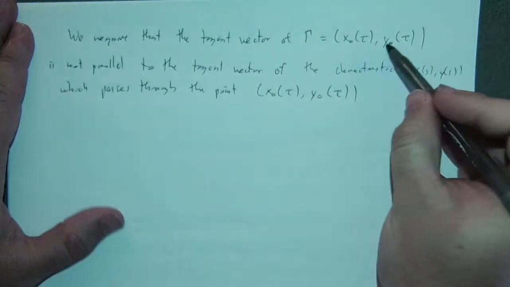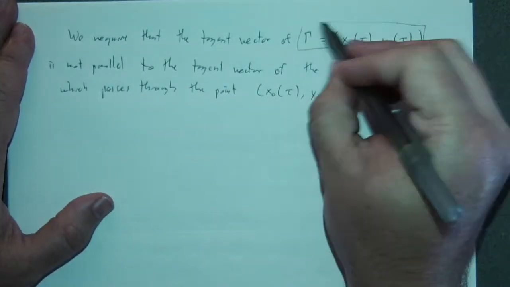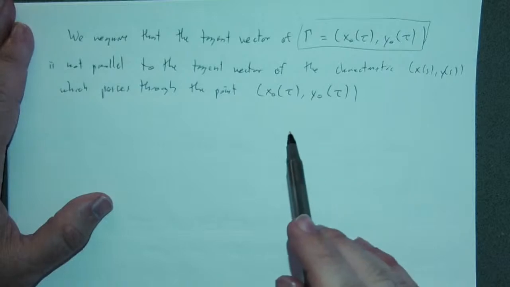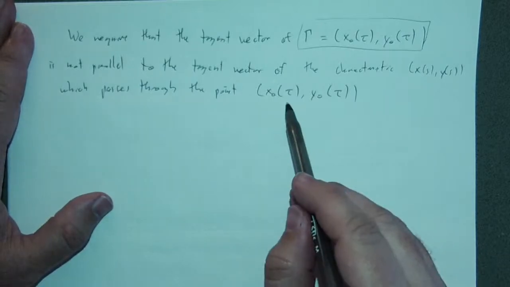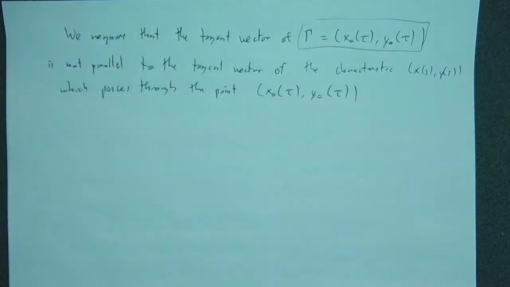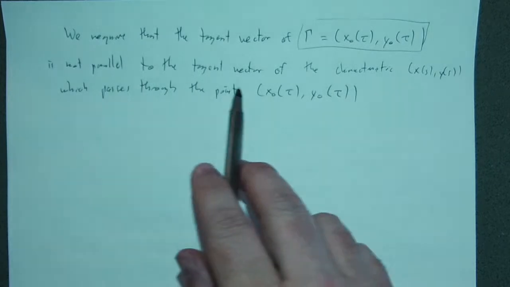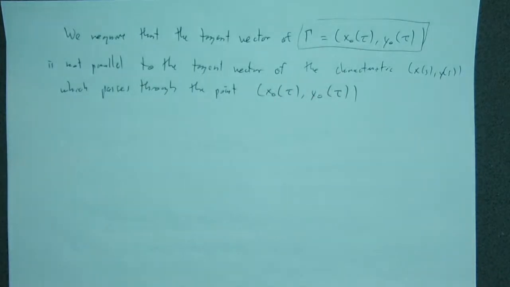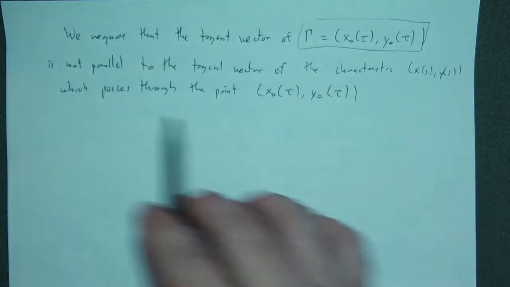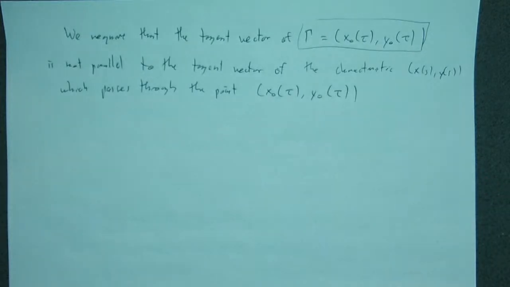So here we're thinking of tau as parameterizing this entire curve, but for a given value of tau, we want to think about the tangent vector of this characteristic that passes through this point here.